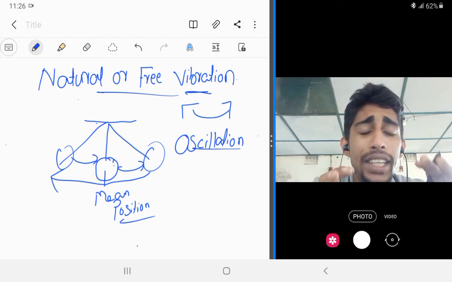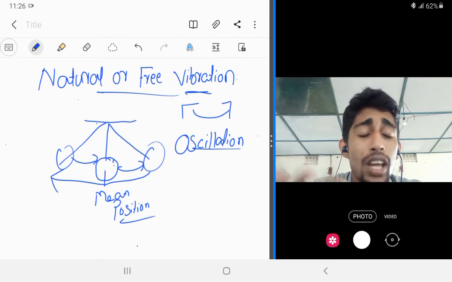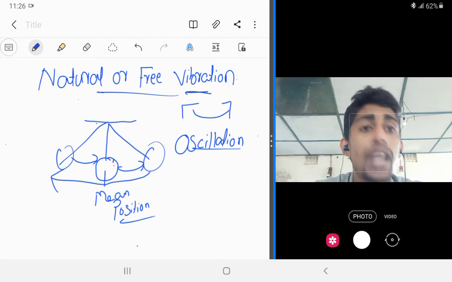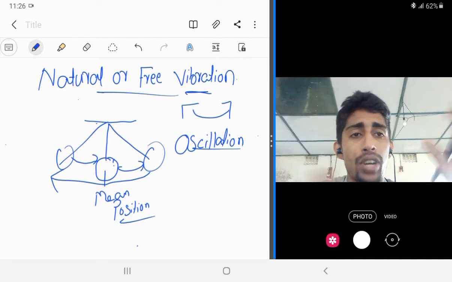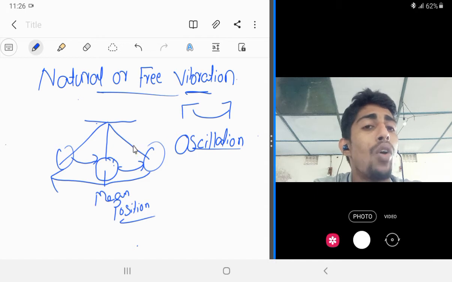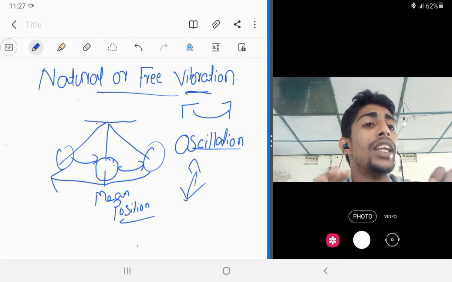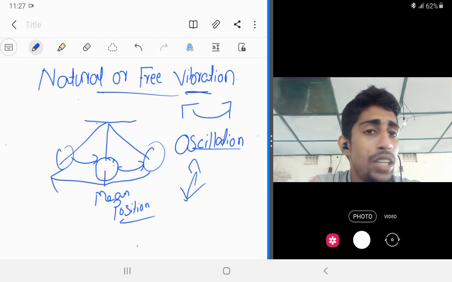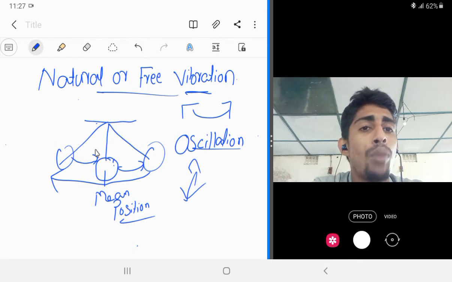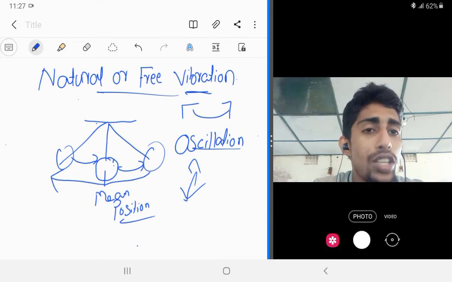But in case there is no resistive force, suppose you are in space or in a vacuum, once the object starts to move to and fro or up and down, there is no resistive force in space and vacuum, so the object continues its motion. It won't stop.